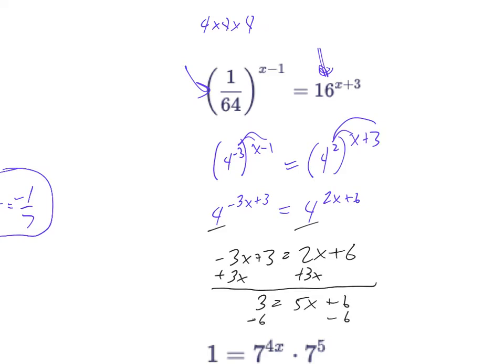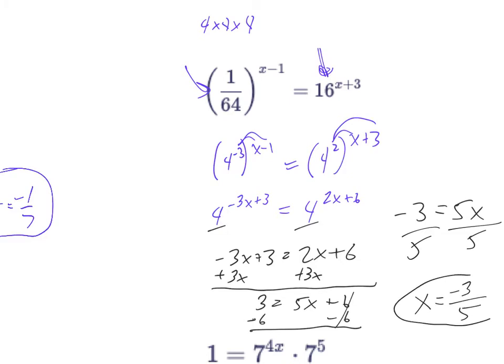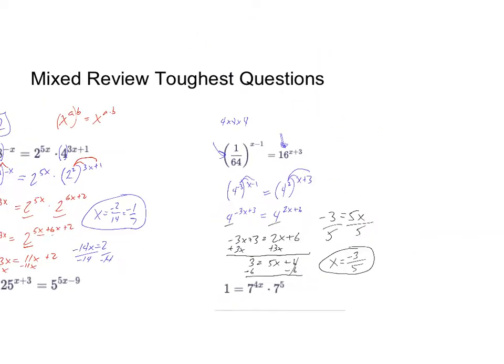Subtract the 6 from both sides, and that gives me a negative 3 equals 5x. 6 is gone there, so 3 minus 6 gave us the negative 3. We now divide by the 5, so we have x equals negative 3/5. Again, you wouldn't look at that original question and say, oh, that's negative 3/5. So got to go through the process there.